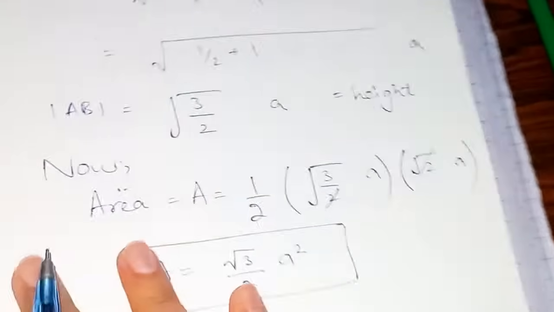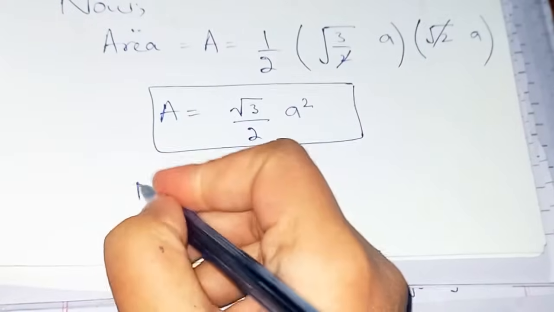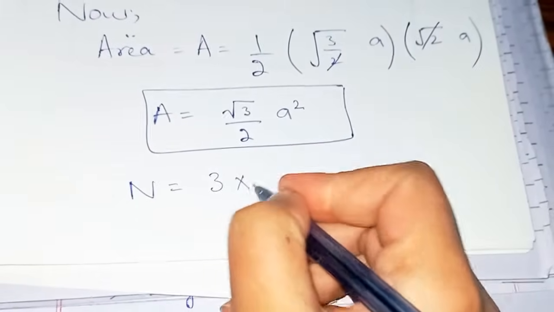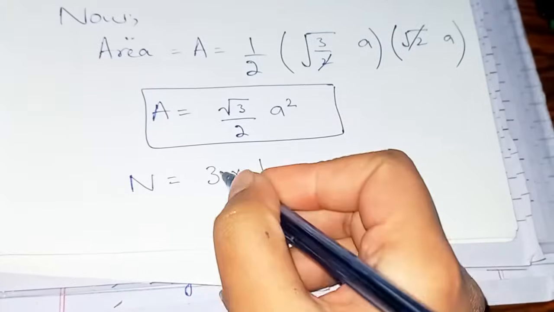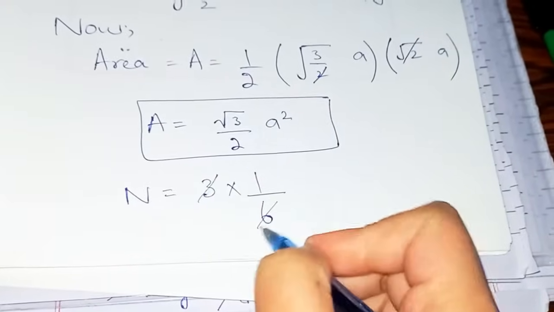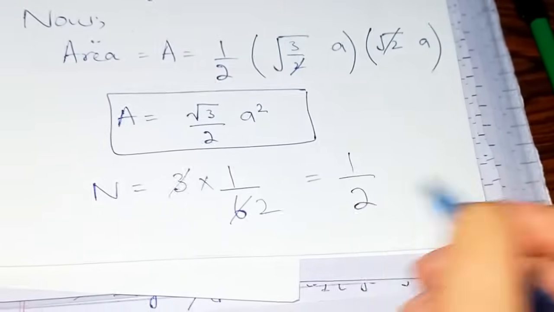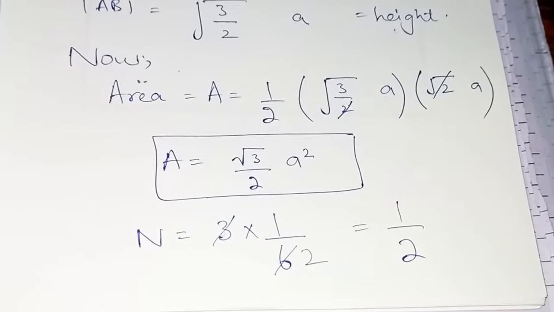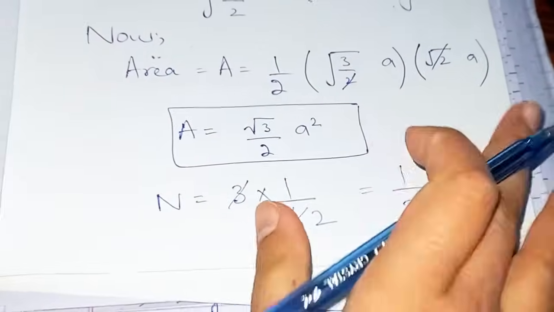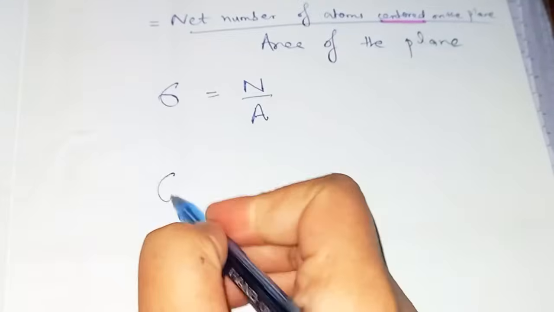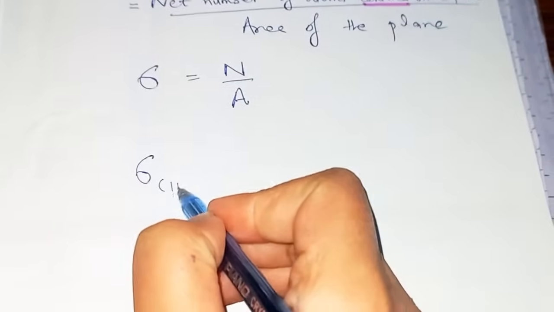So what is the total contribution? Capital N equals 3 times 1/6, because there are 3 atoms and all of them contribute the same, so it's 1/2. Now let's find the ratio and put the value here, for the 111 plane.